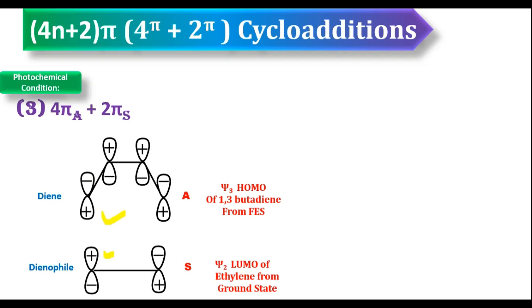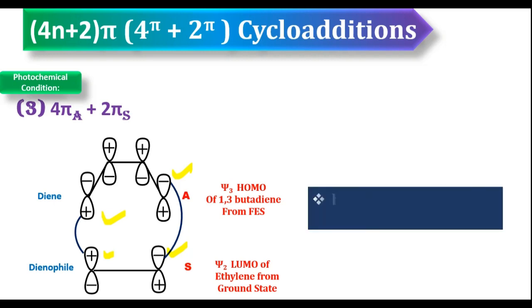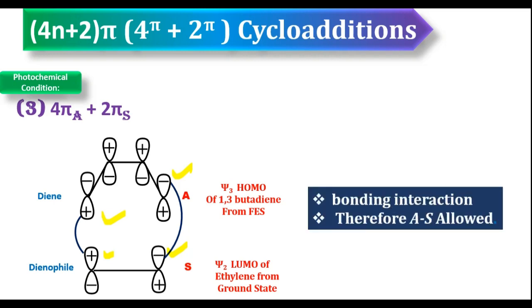These are supra mode of addition, and on the opposite side lobes, therefore antra mode of addition. Connect these two, now connect these two. What happened? Plus-plus interaction, minus-minus interaction, that is bonding. So bonding interaction is allowed. That's why antra supra mode of addition is also photochemically allowed.